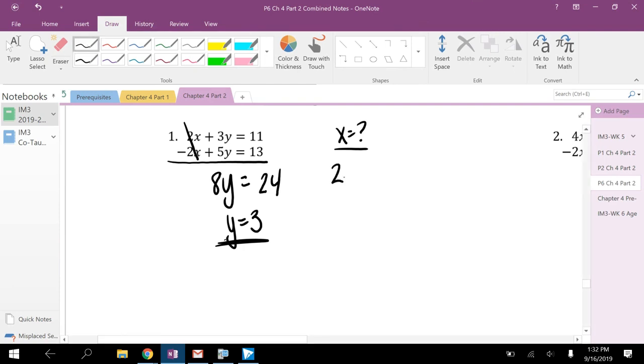So 2x plus 3 times that 3 we just found, because I have to plug that in to here, is equal to 11. This is like a 2-step equation. If you're good at solving, this will be easy for you. So let's keep going.